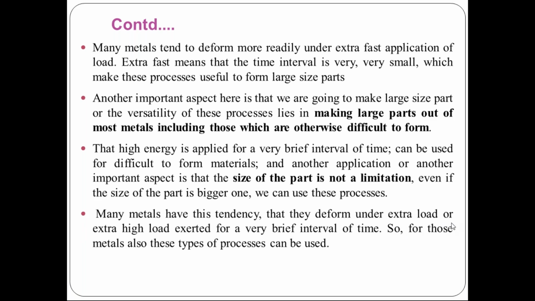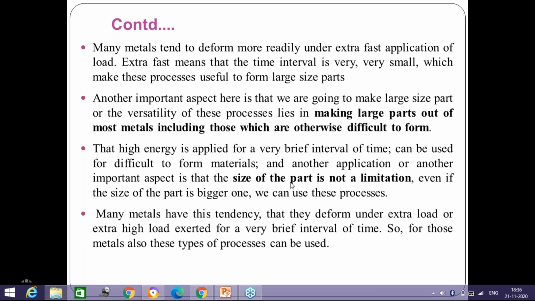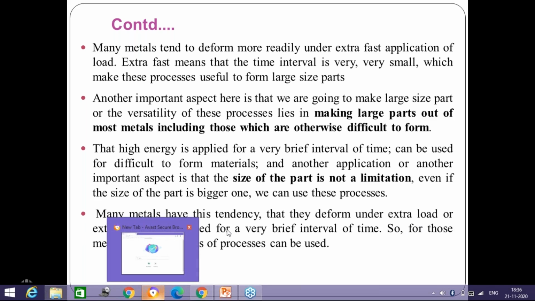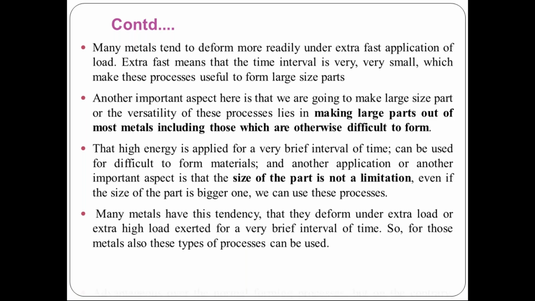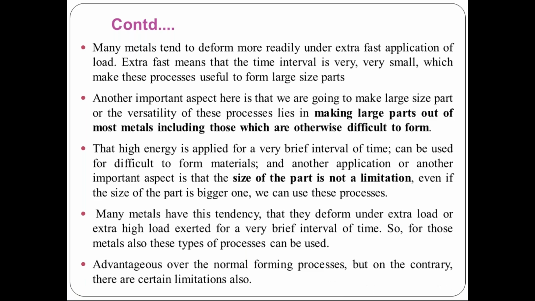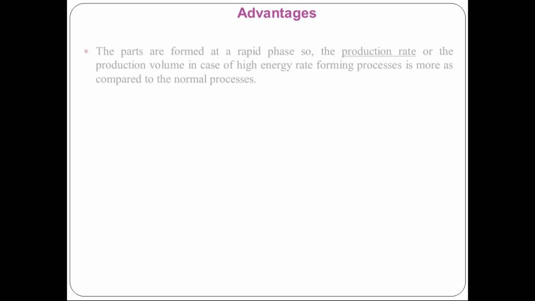Many metals have this tendency that they deform under extra high load exerted for a very brief interval of time. So for those metals also, this type of process can be used. It is advantageous over the normal forming process, but on the contrary, there are certain limitations also.